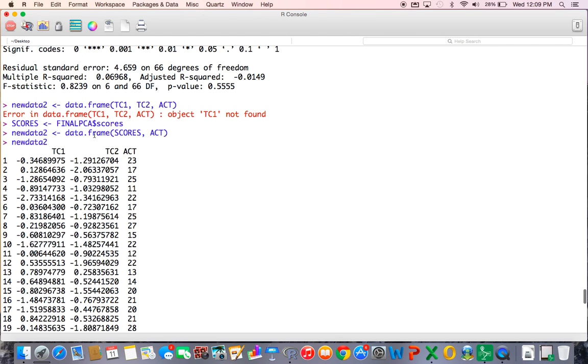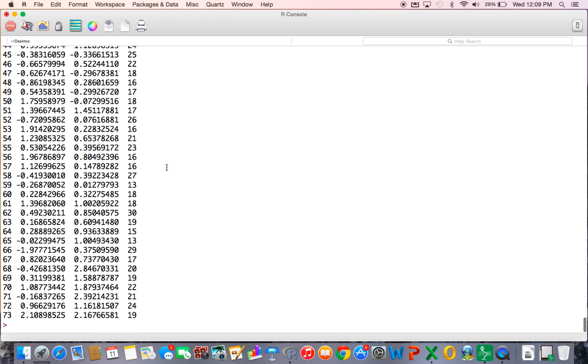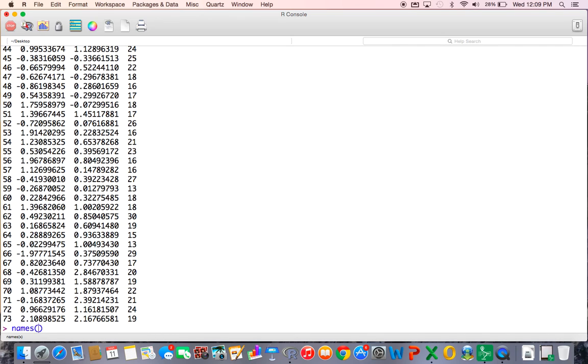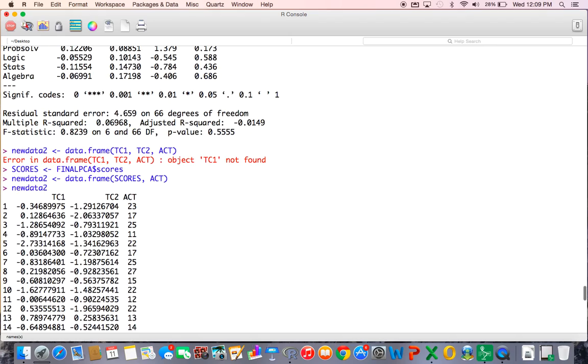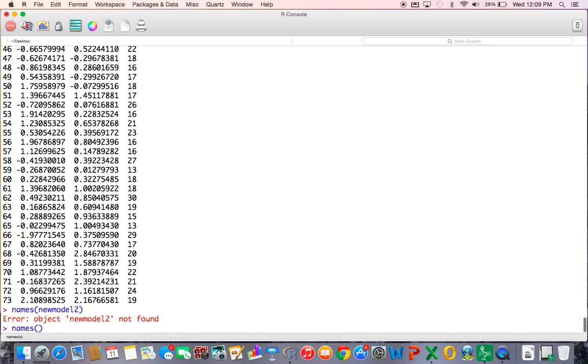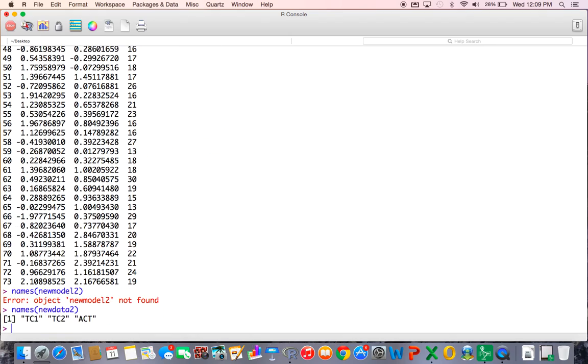Now, what I could do is run a model. As I'm losing it here, this has been on new data 2. And you can see that it's saved TC1, which would be symbolic manipulation, and TC2 would be liberal arts, and I can predict ACT from that.